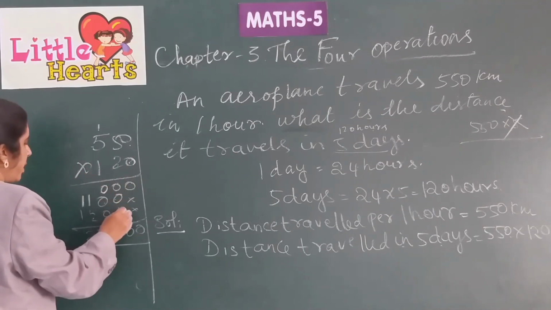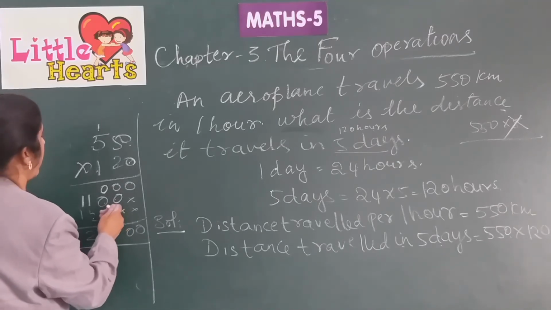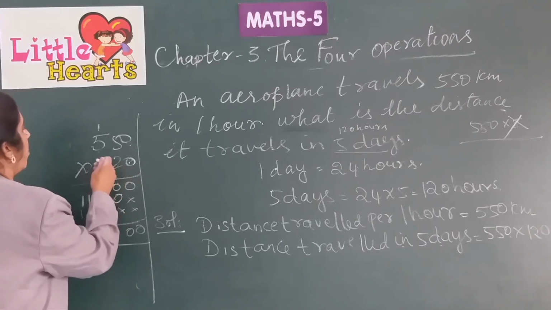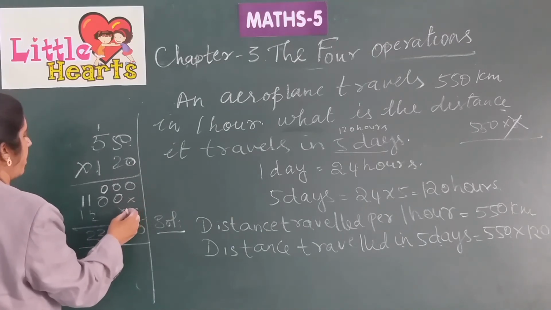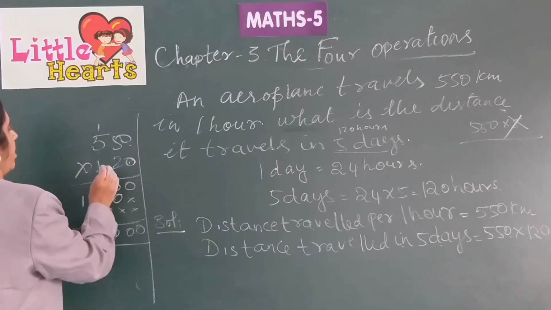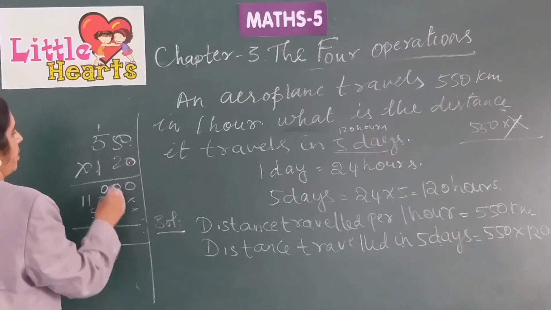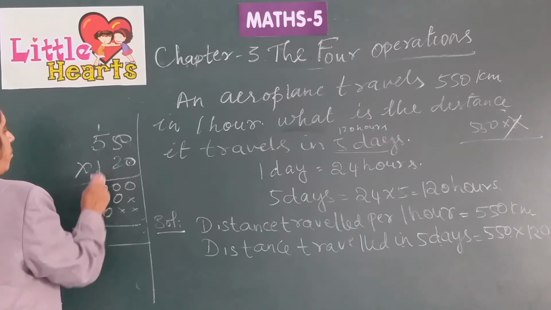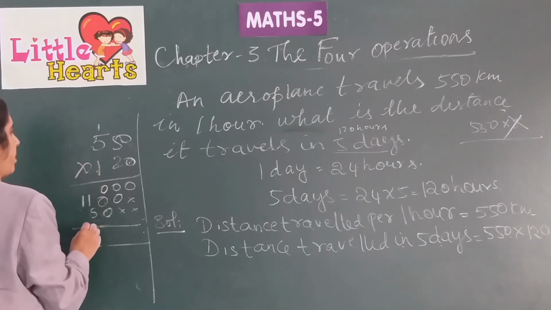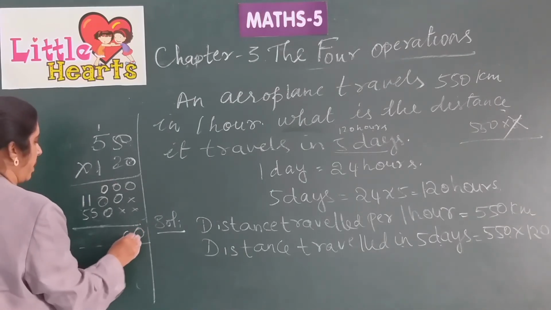Start from the hundreds place. 1 zero is 0. 1 five is 5.